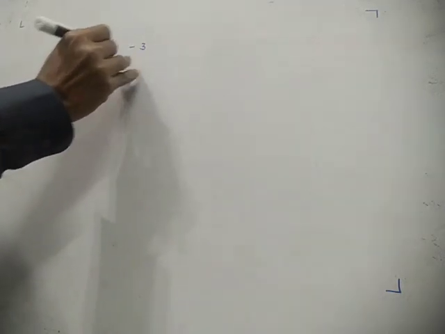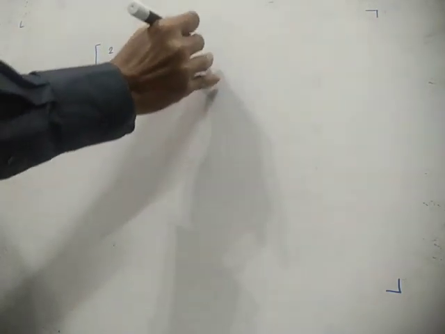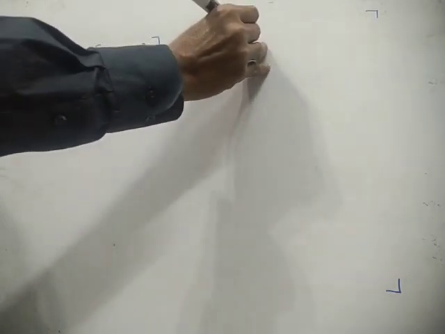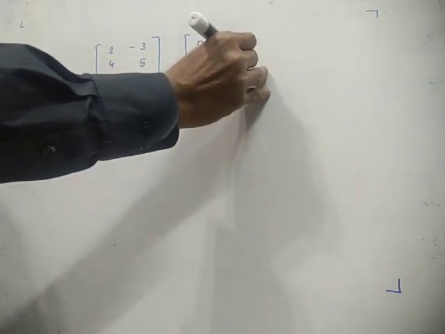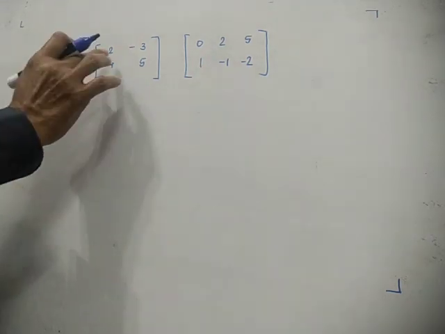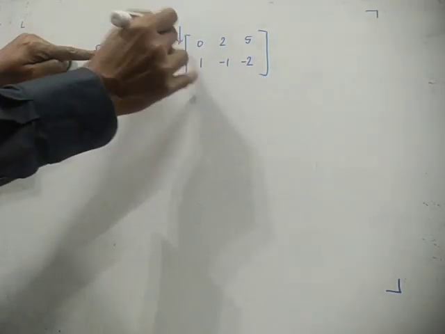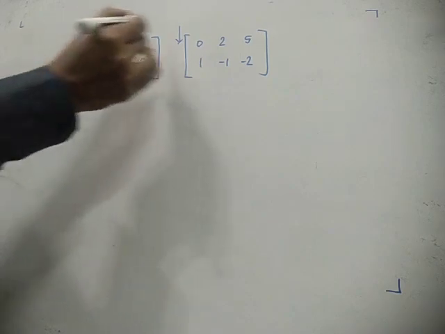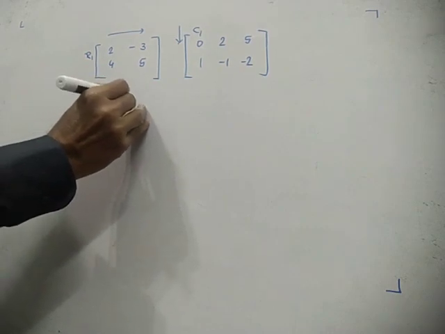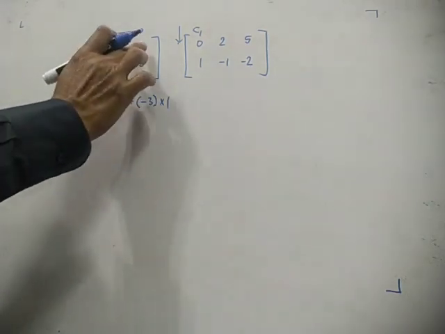Let's take one matrix with rows 2, minus 3 and 4, 5. The second matrix is 0, 2, 5 in the first row and 1, minus 1, minus 2 in the second row. That means the first matrix is a 2 by 2 matrix and the second matrix is 2 by 3. For R1 C1, we multiply the first row elements: 2 into 0 plus minus 3 into 1.